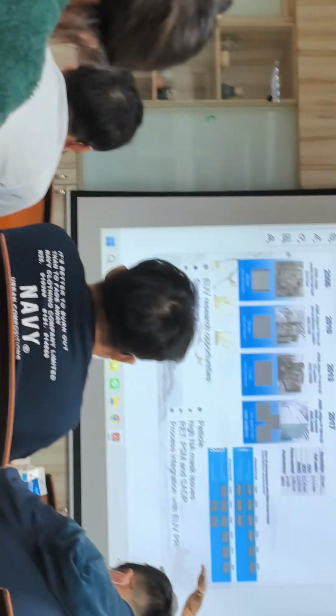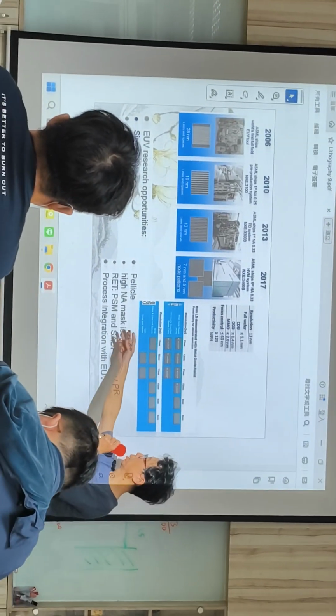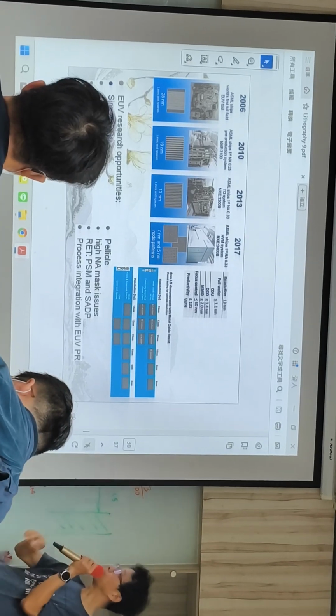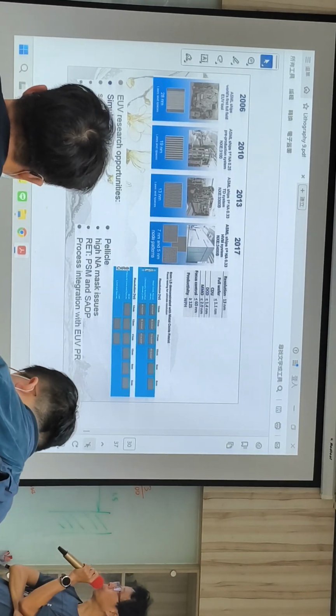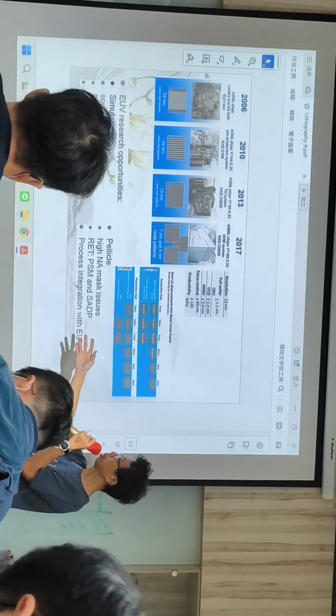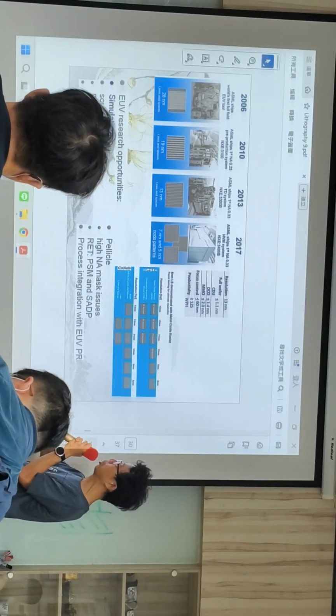Pellicle is a thin film above the mask. And right now, TSMC is still trying, but it is still not in production using pellicle. And there is the high NA mask issue, as I mentioned. How do you do the stitching?